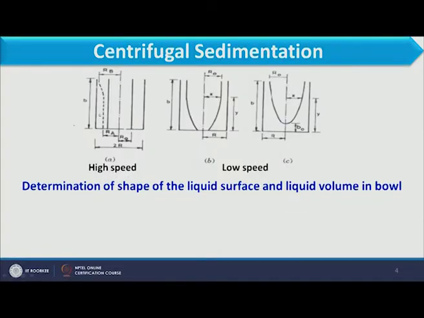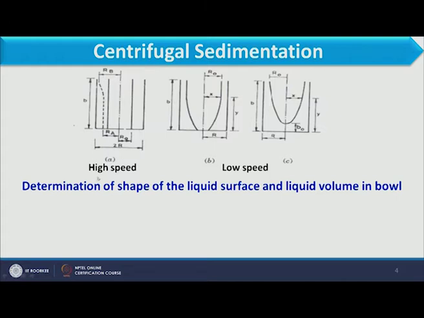So, when we consider a high speed, you can see in this diagram, which has radius r and total height as b. After centrifuge, we have the factors Ra as well as Rb, which speak about the trajectory.